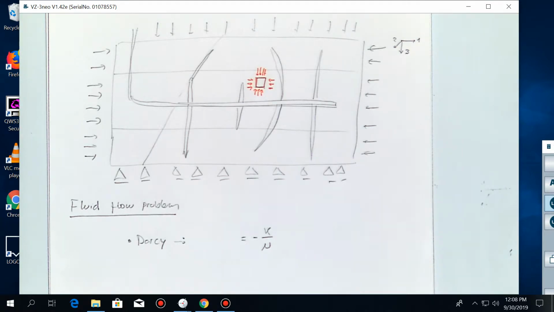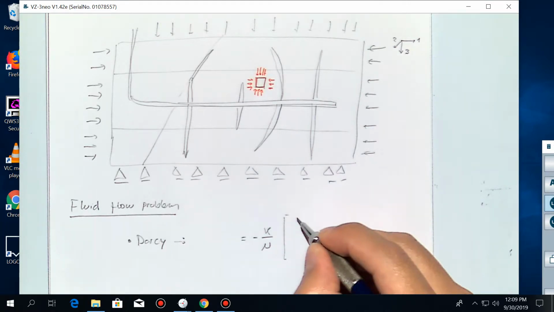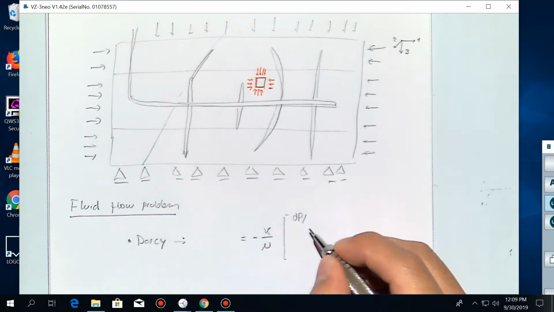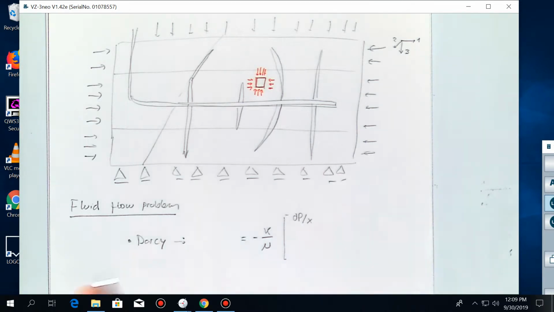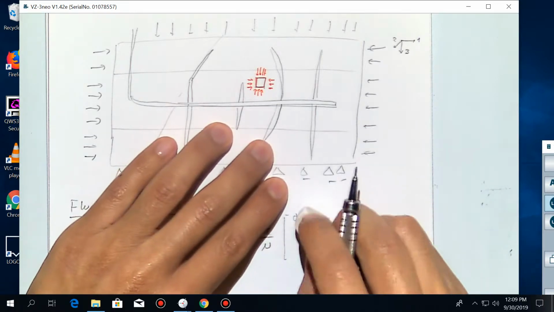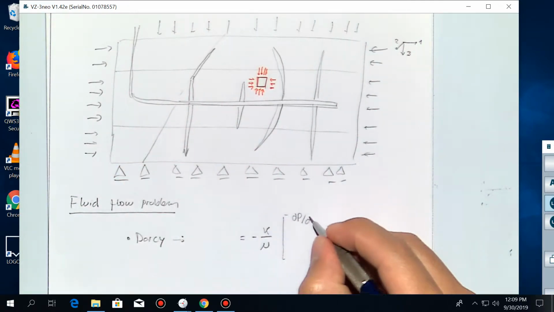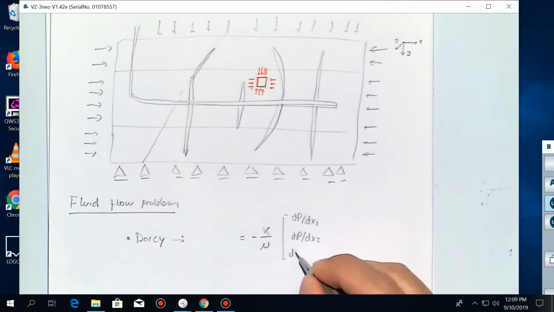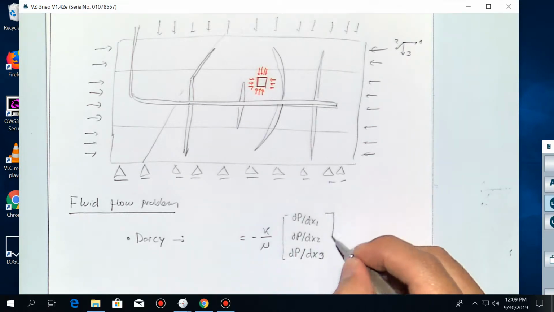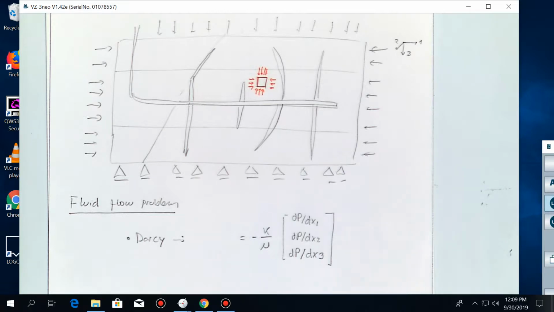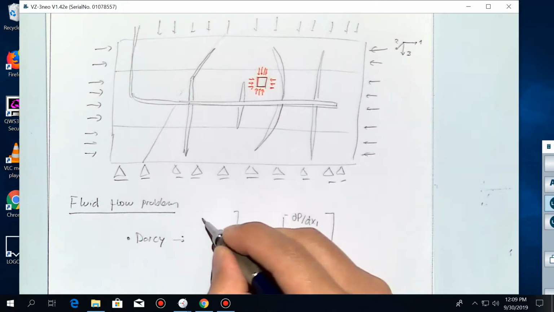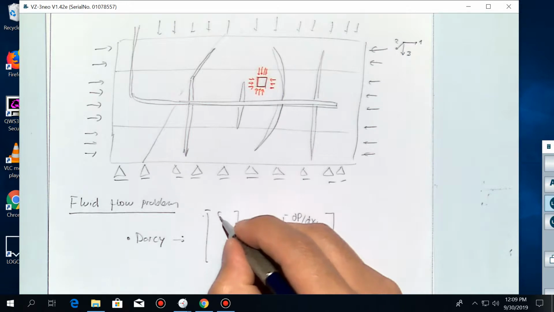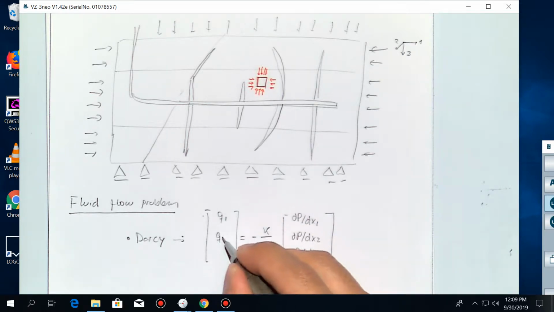So if you want to extend Darcy to 3 dimensions, you need to extend the gradient to 3 directions. For example, the variation of pressure in direction 1, variation of pressure in direction 2, variation of pressure in direction 3. And since you have 3 different variations, you're going to have the flow in direction 1, the flow in direction 2, and the flow in direction 3.